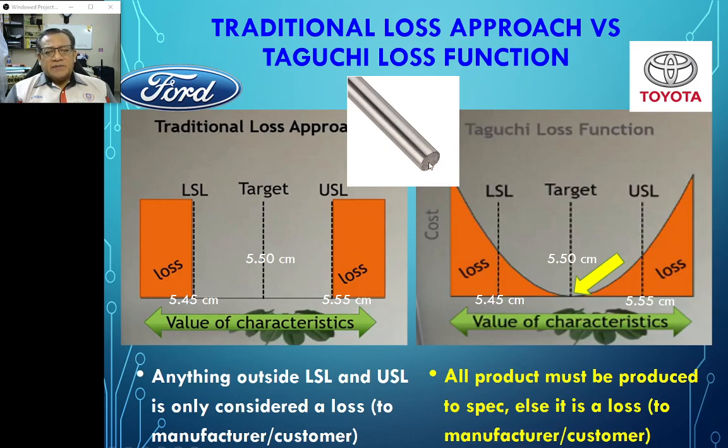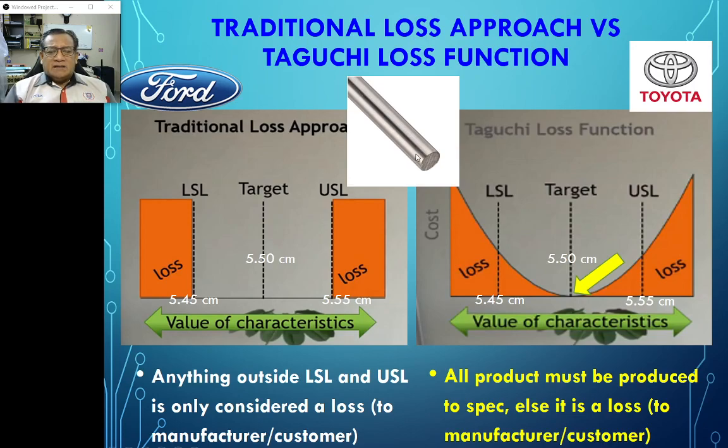This kind of steel rod, perhaps for the printer, as a guide roller, right? This steel rod has a diameter of 5.50. In the olden days, the traditional loss approach said that if this steel rod diameter is measuring 5.50, of course that is excellent, right? And then you produce another one.